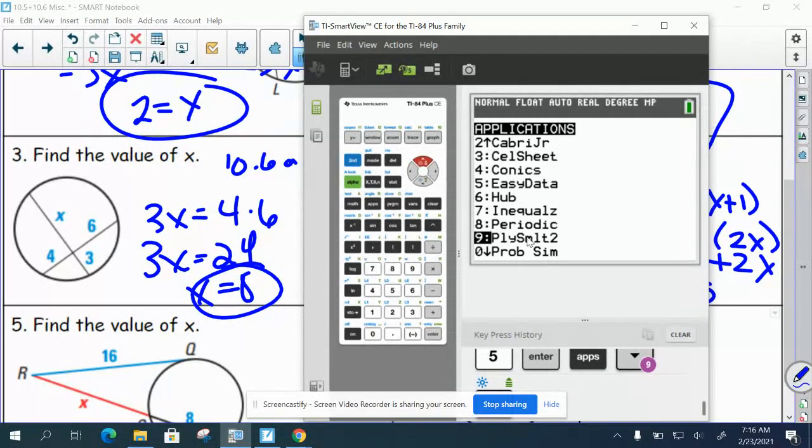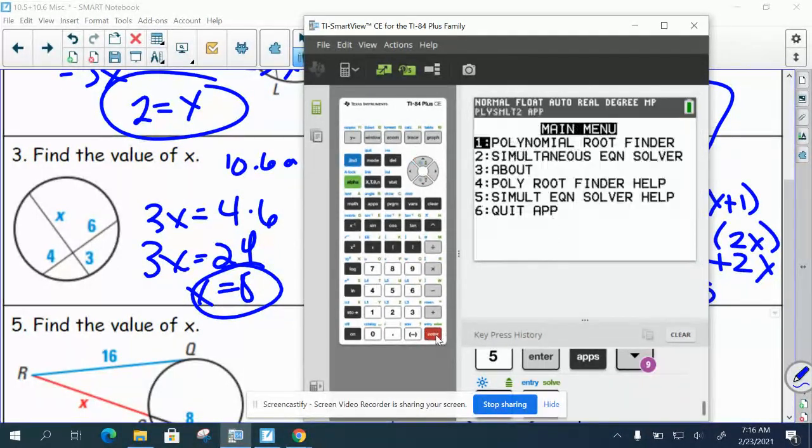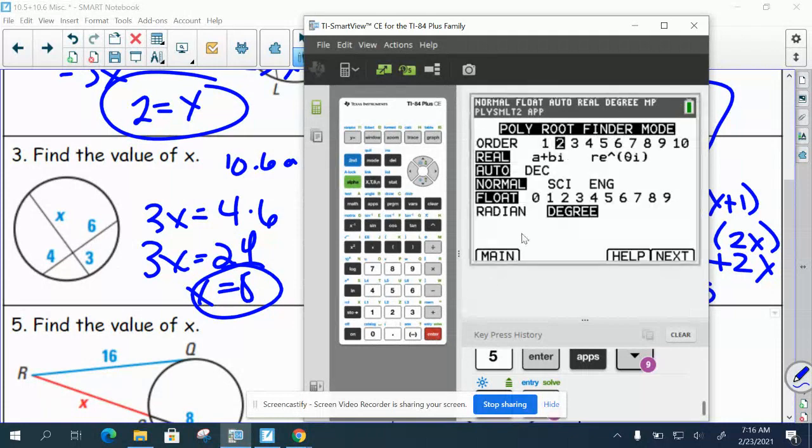It's polynomial simulation, I think, but it's solving quadratic equations. Polynomial root finder, that's what we want, option 1. And then the order, that just means 2, it's an x squared. That means it's a quadratic, so we want that. We want real numbers. We don't want to get imaginary answers.